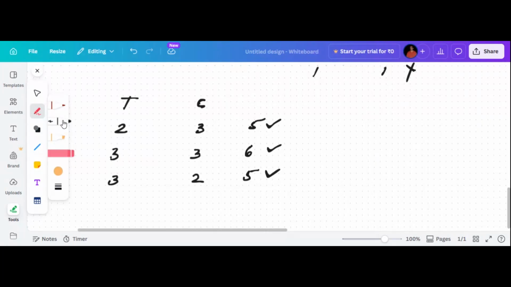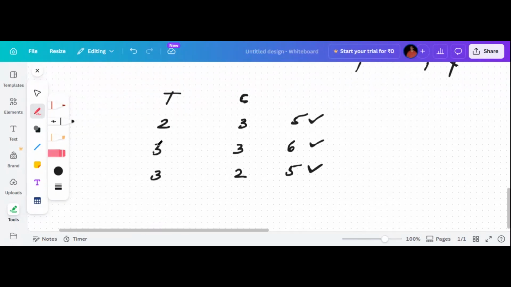Now the probability that Tom wins 2 is how much? We know from the previous table it is 0.4. I'll write the probabilities here in red. Tom wins 2, 0.4. Tom wins 3, 0.25.